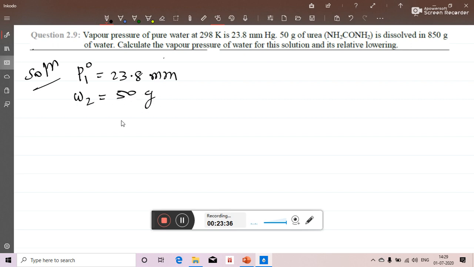Now molar mass of urea: the formula of urea is NH2CONH2. So when you put the values, the molar mass of urea will come out as 60 gram per mole. It is dissolved in 850 gram of water, so mass of water W1 equal to 850 gram.